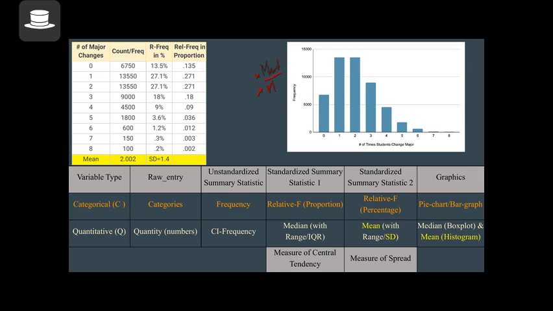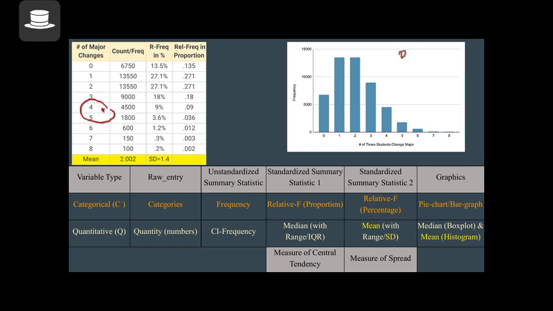Okay, median and mean. Median is the middlemost observation. So if there are like 1 million observations here, and you rank order them and take the middlemost observation, whatever value that observation takes for the number of times it has changed the major, that would be the median.